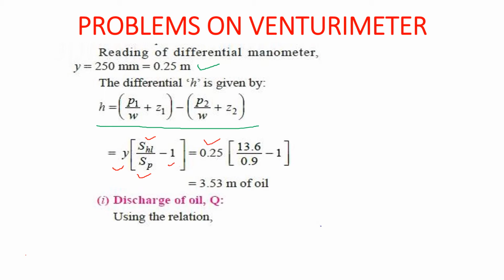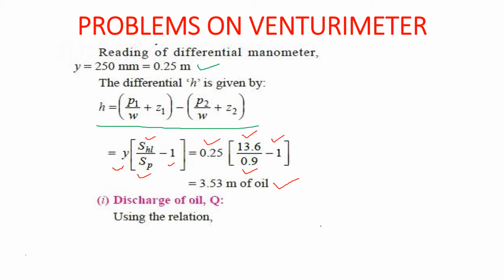So Y is 0.25, SHL is 13.6, specific gravity of the liquid flowing through pipe is 0.9, and 1. So when we evaluate this, we get this value as 3.53 meters of oil.